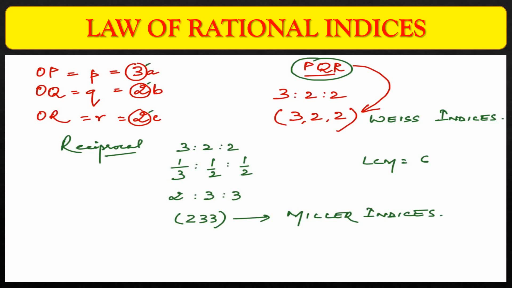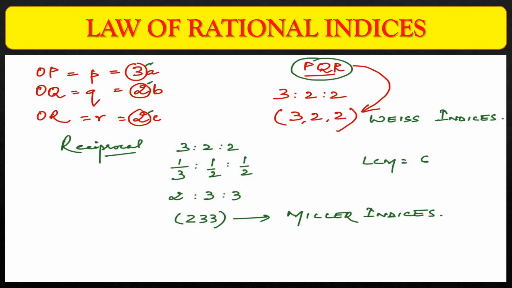And this is how we deduce the Miller indices using the Weiss indices, or simply it can be deduced directly from the intercepts, that is the coefficients of the intercepts made by the crystal plane.